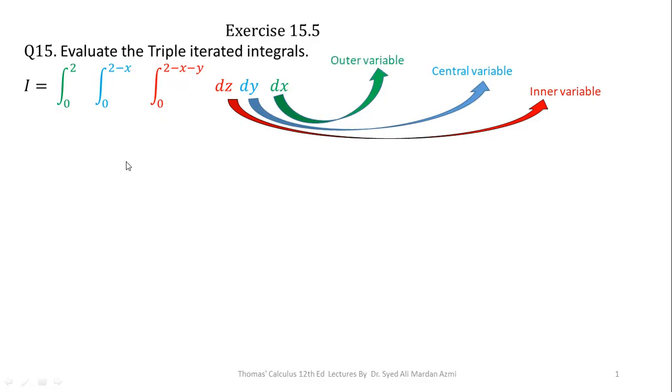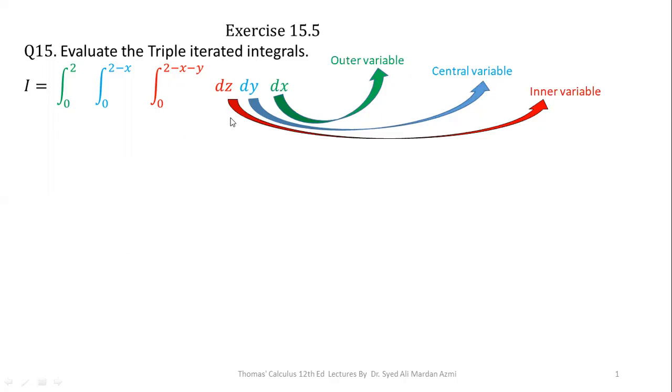In triple integrals, we will always perform integration with respect to the most inner variable, and then on the outcome of that integration we will apply the central variable, and then after completing integration with respect to the central variable, we will integrate with respect to the outer variable.